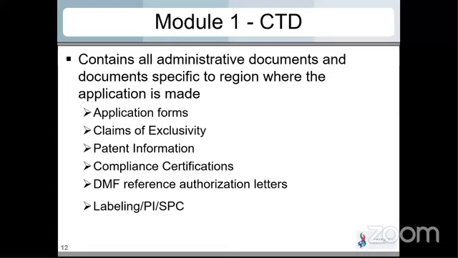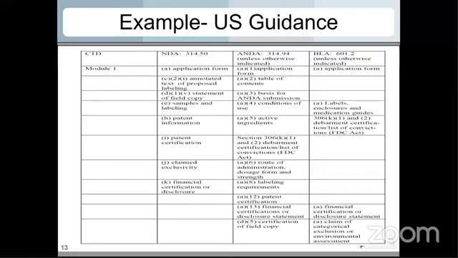But as I had mentioned earlier, there is a guidance document directly from the FDA about how to position that information in the investigational application. This is an example of the US guidance document for each different type of application that's being submitted for marketing of what would be contained in this section.